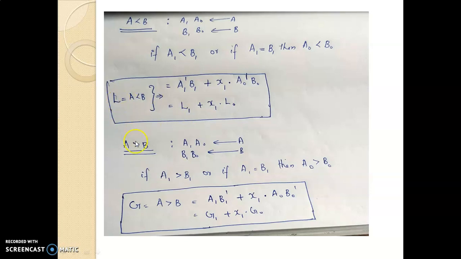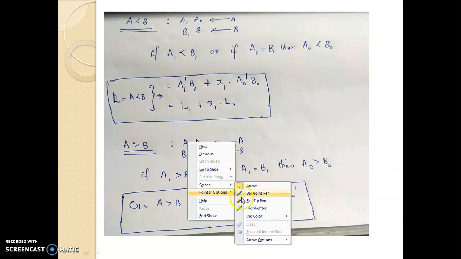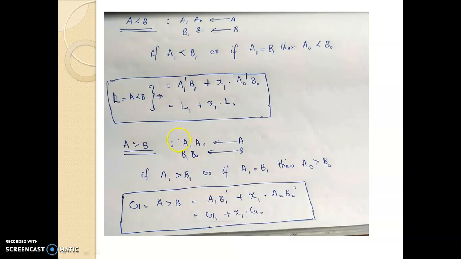Now, when will you say that A is greater than B? A is greater than B when A1 is 1 and B1 is 0. That is, your MSB bit A1 has to be greater than B1.